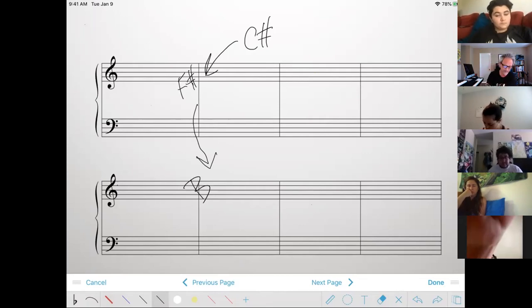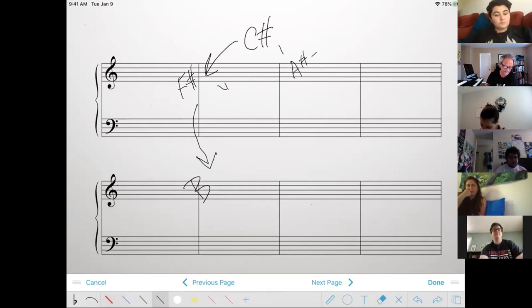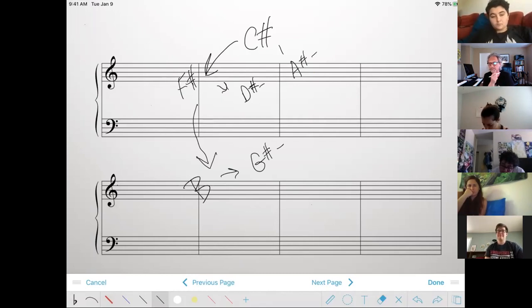Now give me the relative minors. A sharp minor. Yep. D sharp minor. Yep. And G sharp minor. You're right. Those are 6 related keys, and we kept them in sharps.